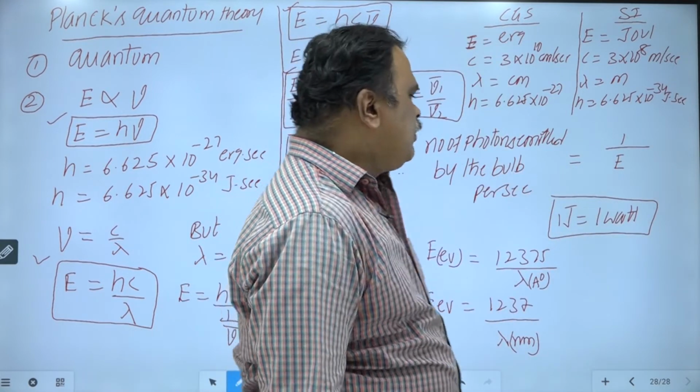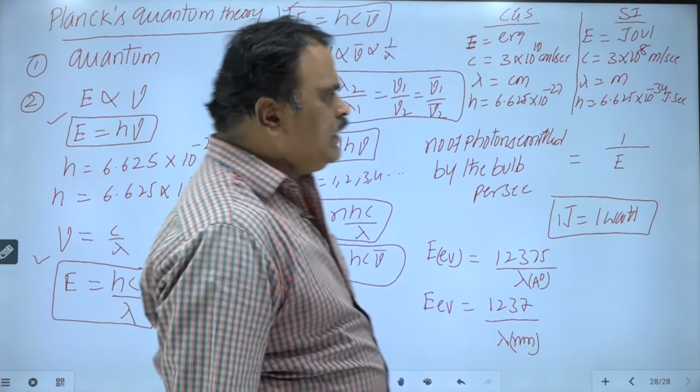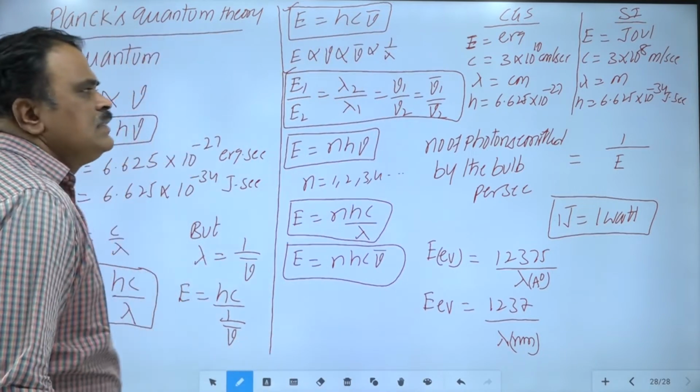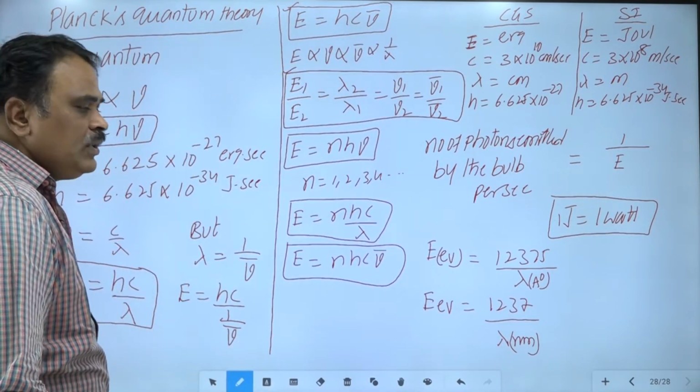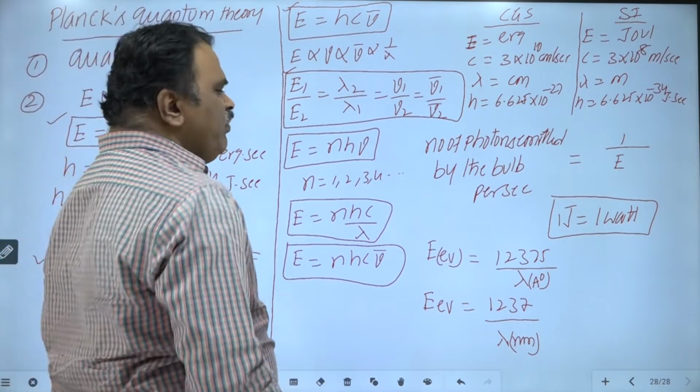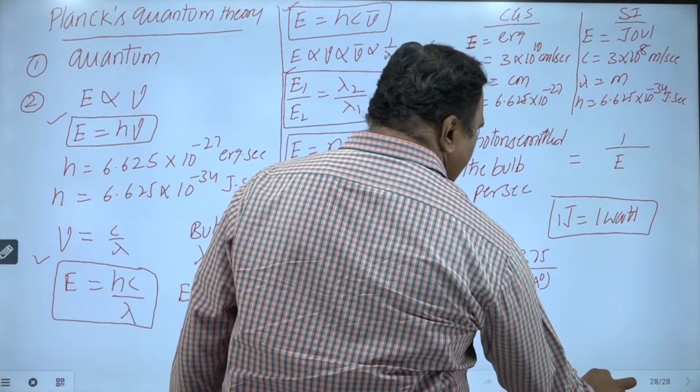Then we have to remember 1 joule is nothing but 1 watt second. All these are formulas based on Planck's quantum theory. Now we will discuss a few problems based on Planck's quantum theory.